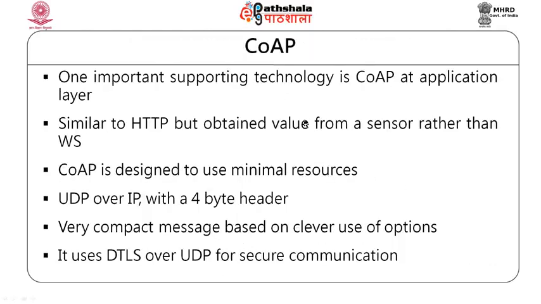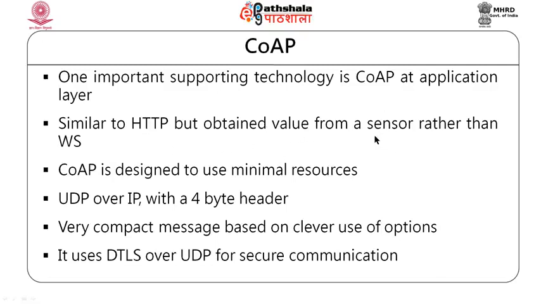Okay. Now, we will talk about some of the supporting protocols. CoAP, the Constrained Application Protocol, is very critical for us to use. As I have said, it is quite similar to HTTP, but used to obtain a value from a sensor.